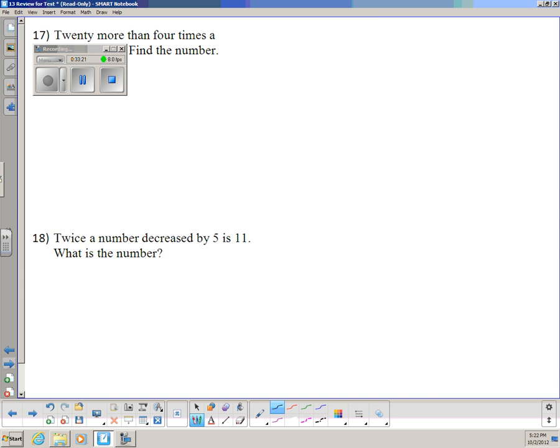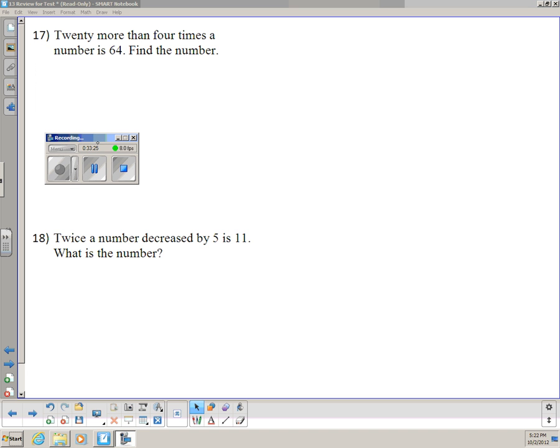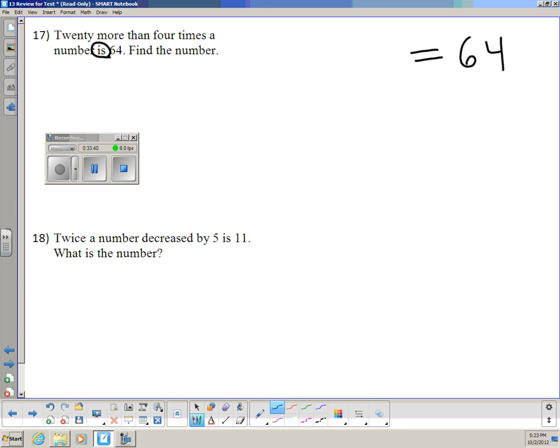Number 17. 20 more than 4 times a number is 64. Find the number. The first thing that I teach you guys to do is look for the equal sign. The equal sign is right here. That's the is. And it is, something is 64.